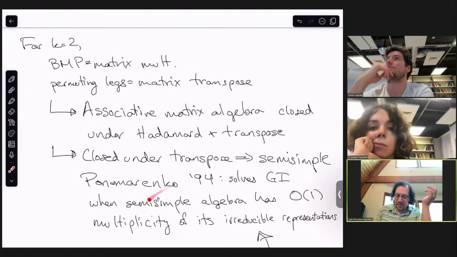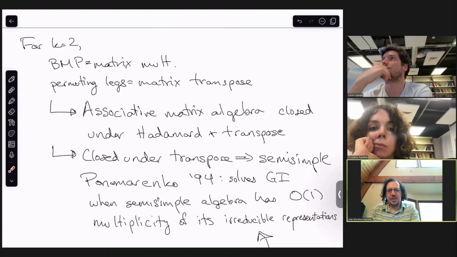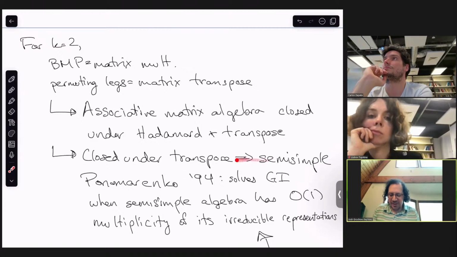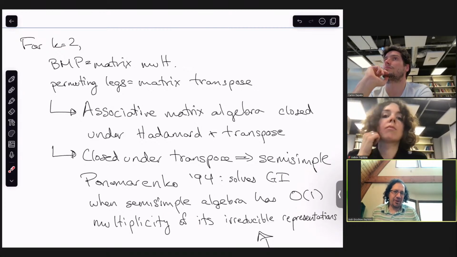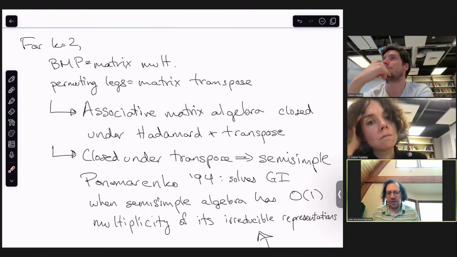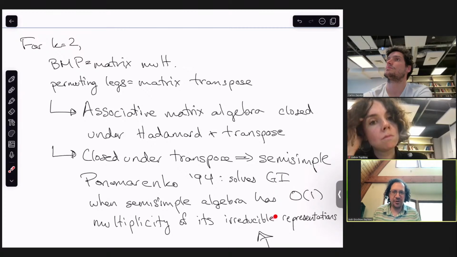Take this result of Ponomarenko: on the one hand, it's just about two-dimensional Weisfeiler-Leman, but by rephrasing it in this algebraic way, he gets some power out of that. Like I said, I don't know a combinatorial interpretation for this condition. It's really an algebraic condition.